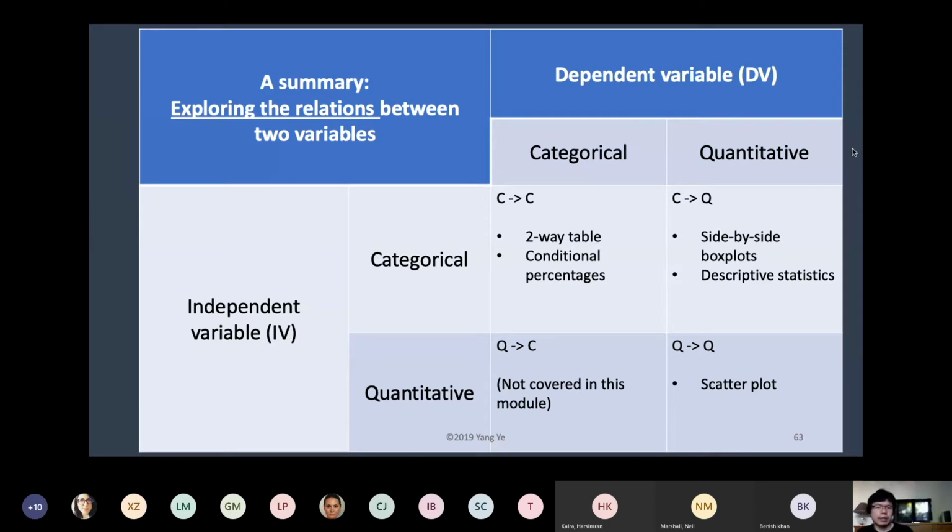For the CC relationship, you can use a two-way table, extracting conditional percentages to depict the relationship. For the CQ relationship, you can use side-by-side box plots or just descriptive statistics.